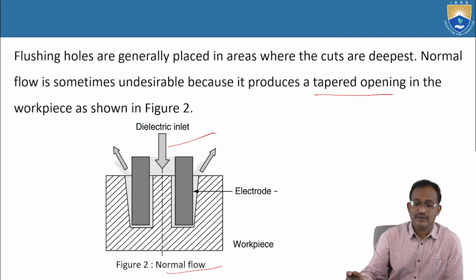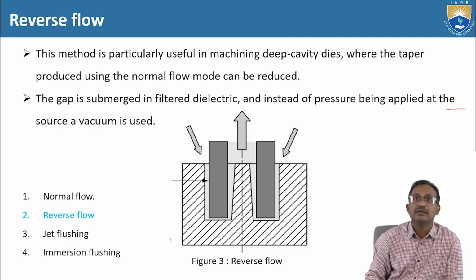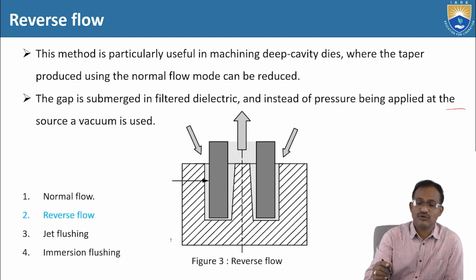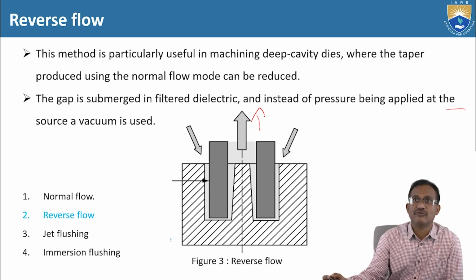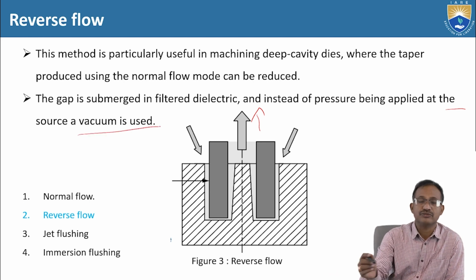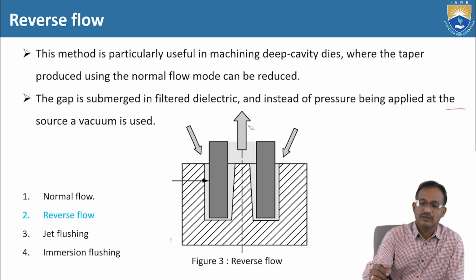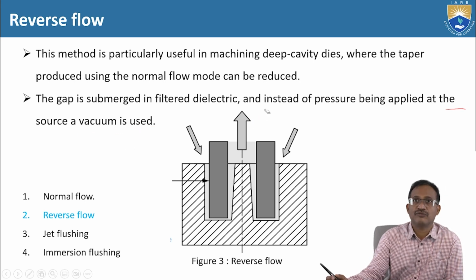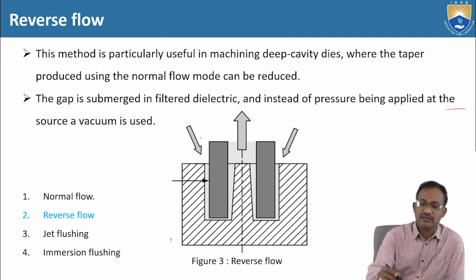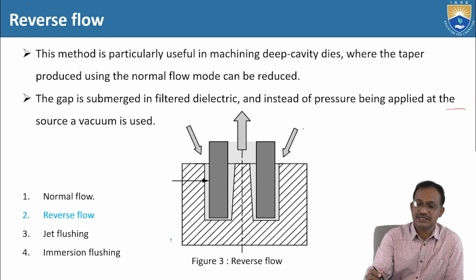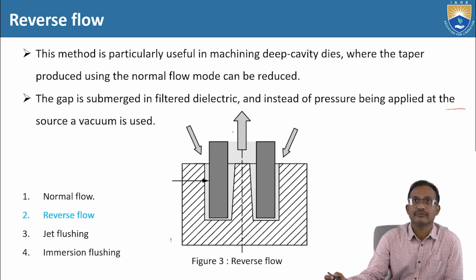But in the reverse flow, the direction is opposite to the normal flow. Here, vacuum is used. That's why it is called reverse flow. Got it? So here it will enter in this direction and it will come out because of this vacuum.